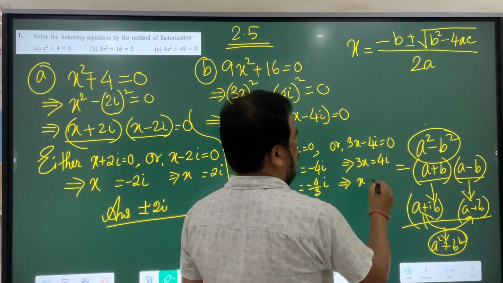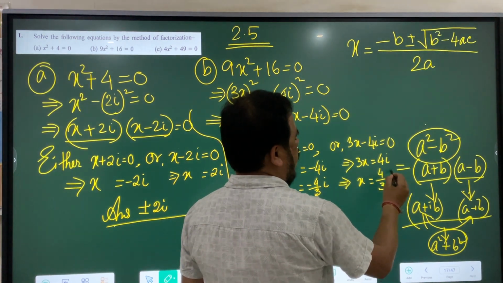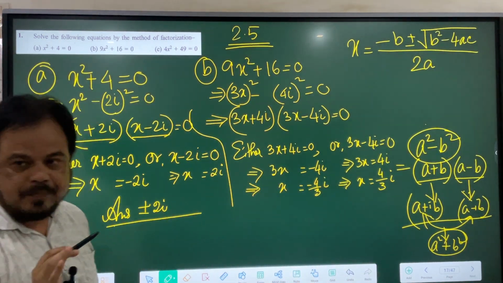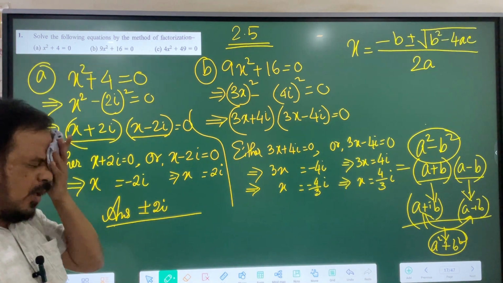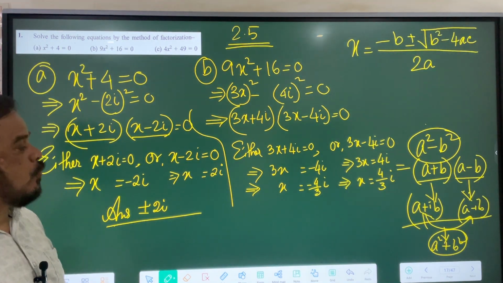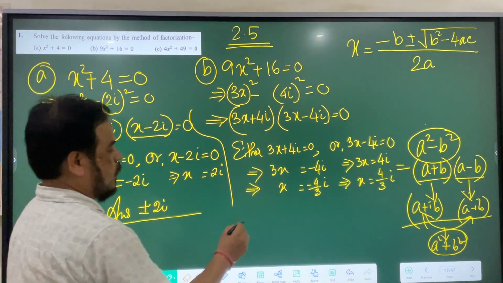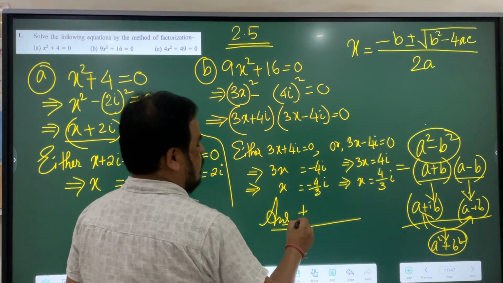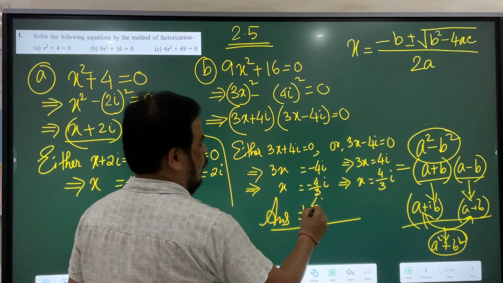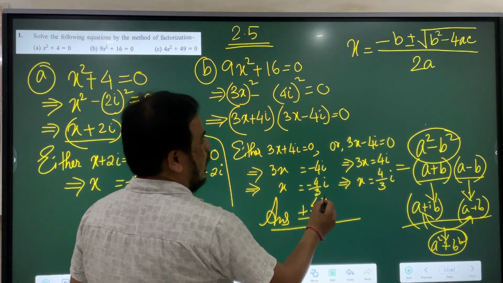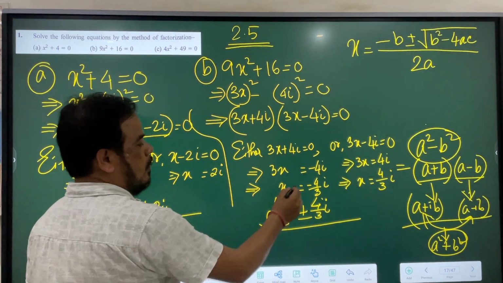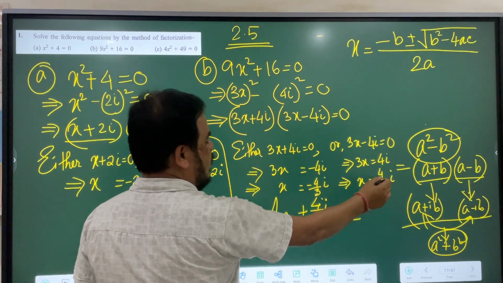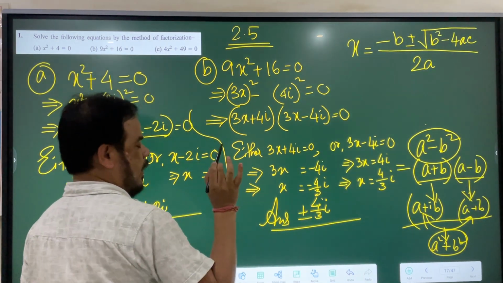Here x is equal to plus 4 by 3 i. So we have got the value of x. We have just now got the value of x. So we can write the answer now: plus minus 4 by 3 i. Minus 4 by 3 i, plus 4 by 3 i. So plus minus 4 by 3 i.